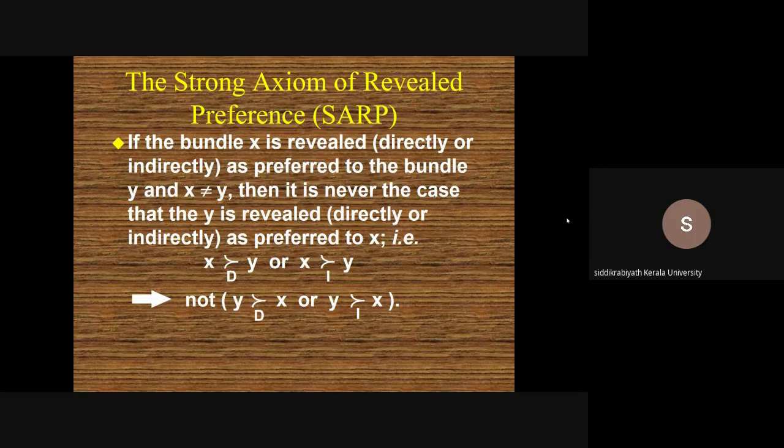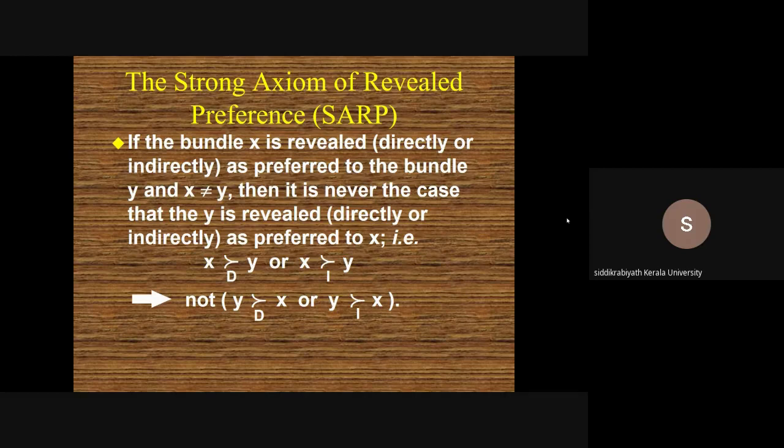Not only are you directly defeated, but if you are indirectly defeated also, then your choice has an inconsistency problem, as I said. But if the other way around is the case, then definitely the proposition which we are going to moot is going to have the expected result.